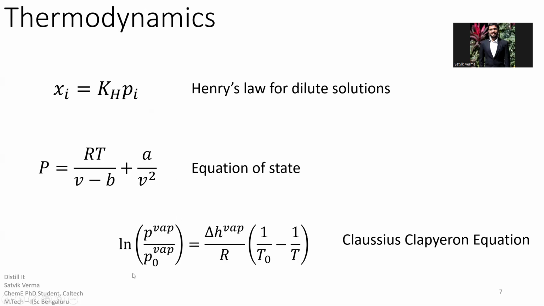If you see, in principle, this equation is not linear. But if we consider ln p vap by p vap naught as y, and 1 upon T naught minus 1 upon T as x, then this becomes a linear equation, and you can get delta H vaporization by R.